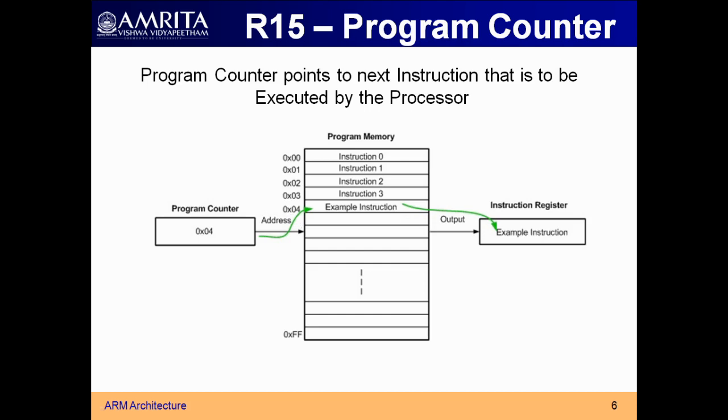Whenever you are executing an instruction, the program counter will automatically increment to the next location that is to be executed. That is why the program counter is set to point to the next instruction to be executed. Right, so these are the additional or special functions of R13, R14 and R15.